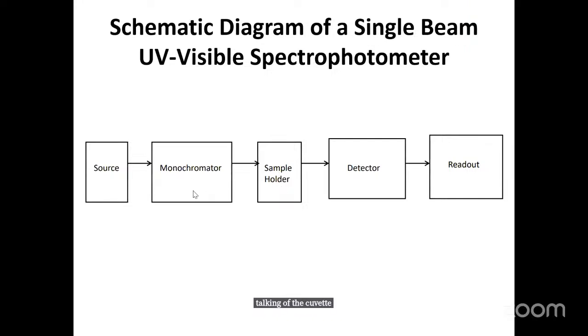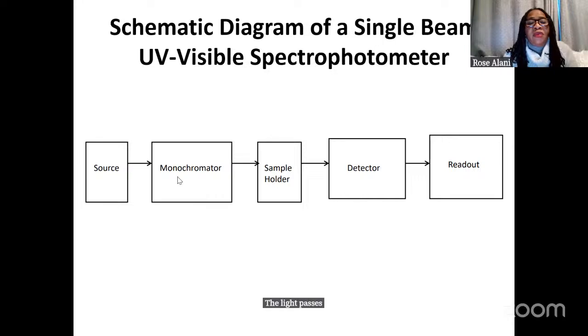The light comes from the source, like a deuterium lamp, to the prism, to the cuvette, to the detector, and then the signal is seen there by the readouts.